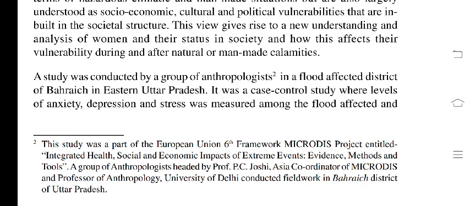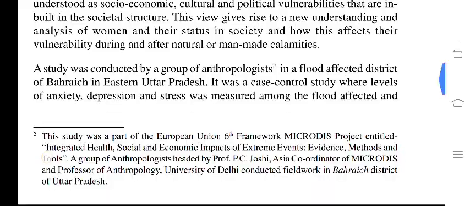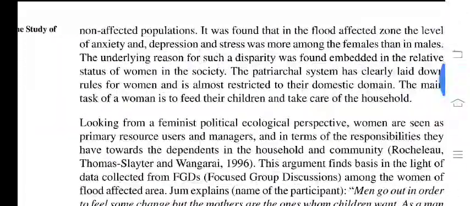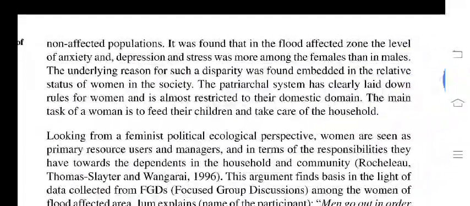It was a case control study where levels of anxiety, depression and stress were measured among the flood-affected and non-affected populations. It was found that in the flood-affected zone the level of anxiety, depression and stress was higher among the females than among the males.